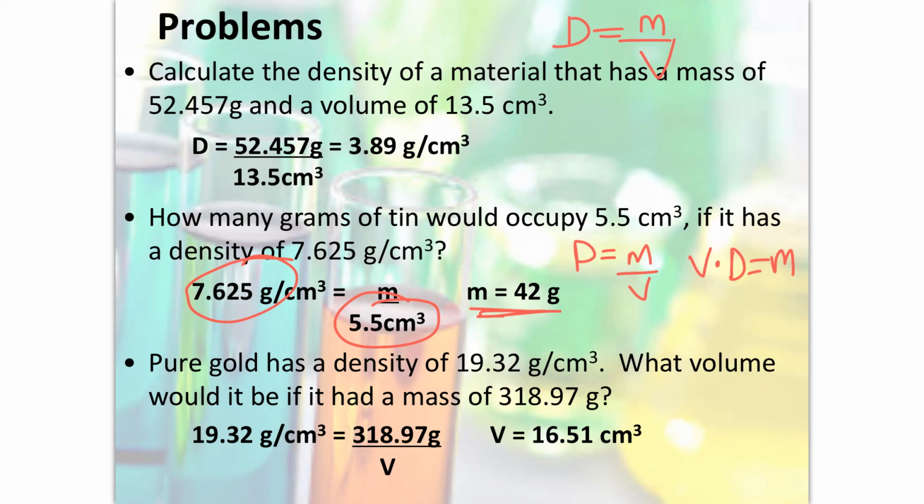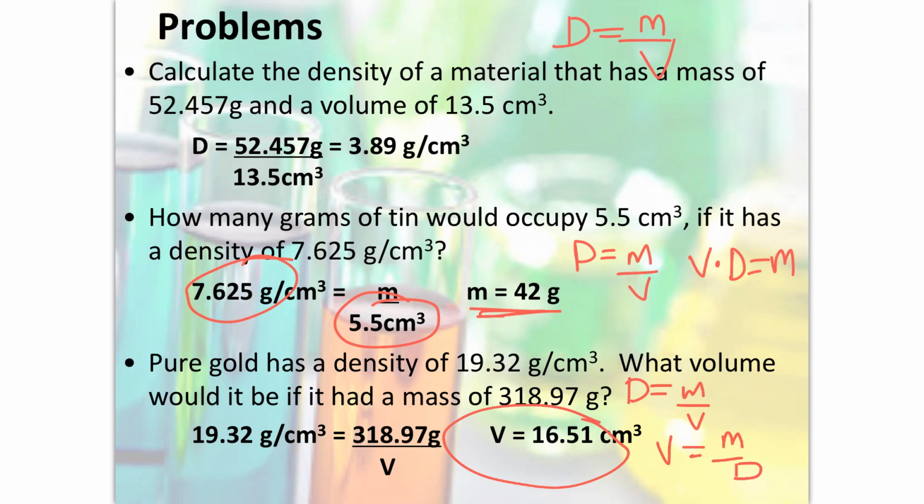So if we did the equation, remember it's D equals M over V. Now I want to solve for V, right? So if I do everything as before, I see that V equals mass divided by D. And so when I do that, I get V equals this, right?